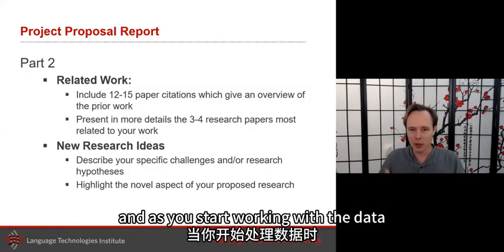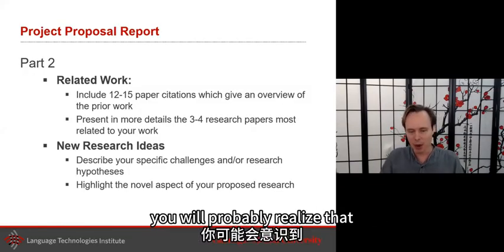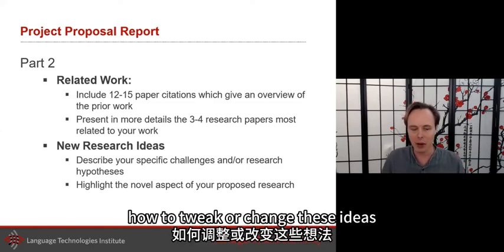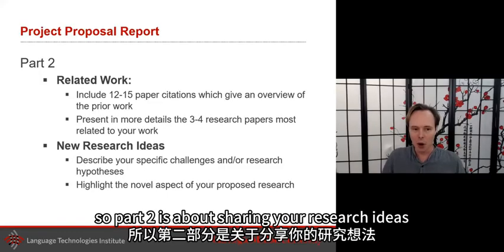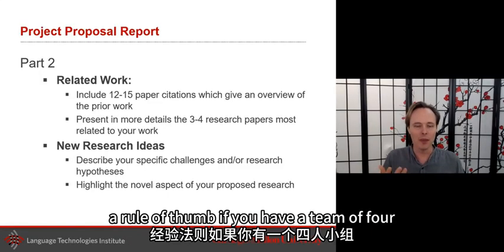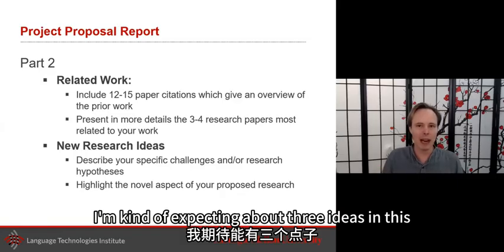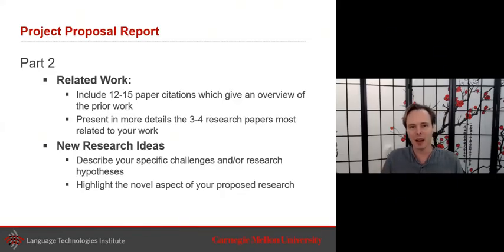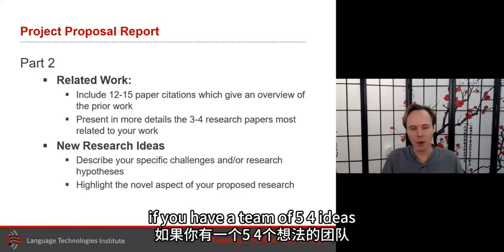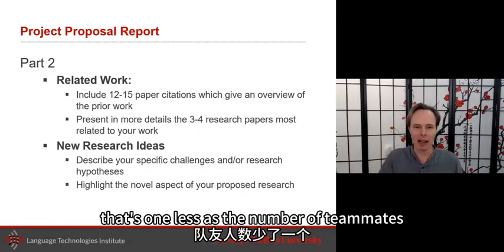And as you start working with the data, you will probably realize how to tweak or change these ideas. So part 2 is about sharing your research ideas. A rule of thumb: if you have a team of 4, I'm expecting about 3 ideas. If you have a team of 5, 4 ideas, that's 1 less than the number of teammates.